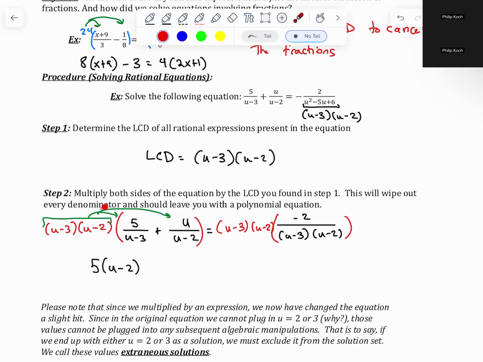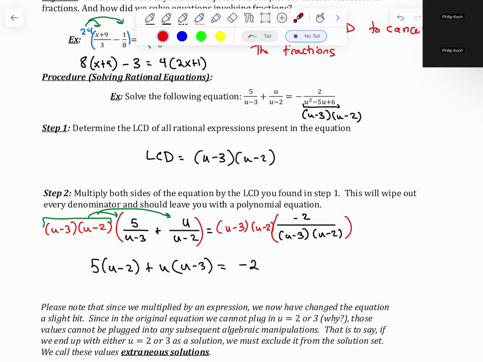When I distribute it into the second fraction, the u minus 2's will cancel. So I'll still have that u in the numerator times a u minus 3. And on the right-hand side, the u minus 3 and the u minus 2 will cancel. So the entire denominator goes away, and all we're left with is a negative 2. And that is a polynomial equation.